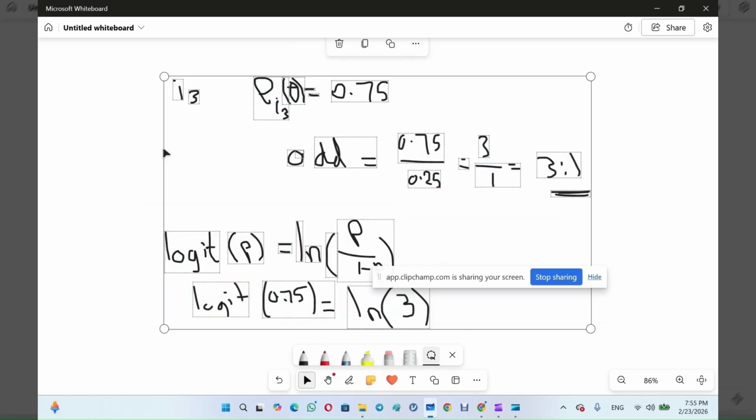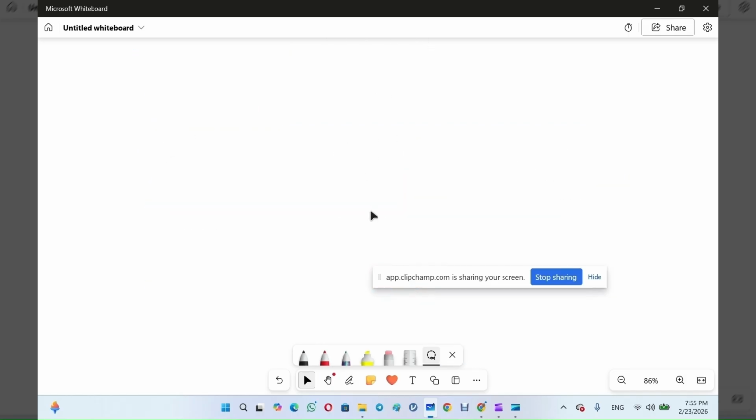Let's erase that. Okay. So suppose we have a person now. We will speak about ability. It's theta j. This is the jth person in the set.